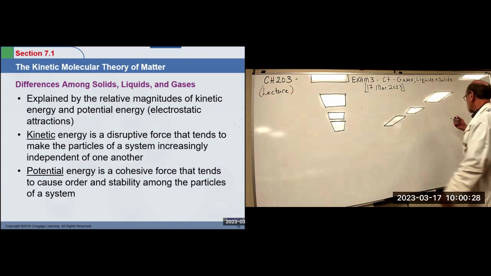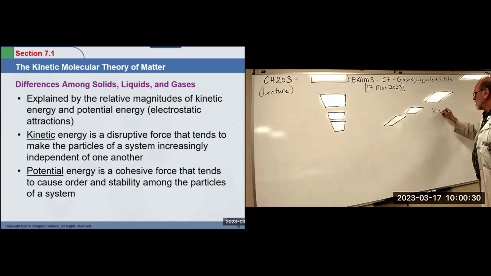Okay, kinetic energy. We characterize kinetic energy as disruptive. And potential energy, of course, I left out my L. Potential energy is cohesive.